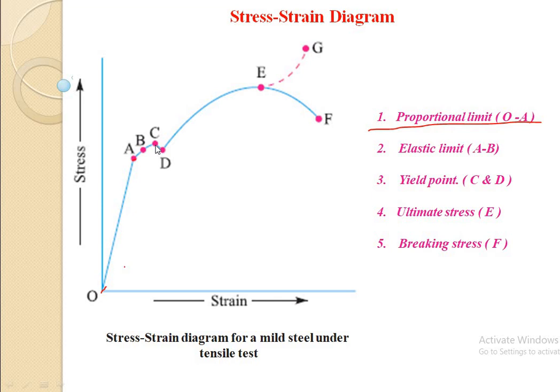If the material is stressed beyond point B, the plastic stage will be reached. Up to point B, the material will be in the elastic stage, but from point B, the plastic stage is reached. That is, on removal of the load, the material will not be able to recover its original size and shape.